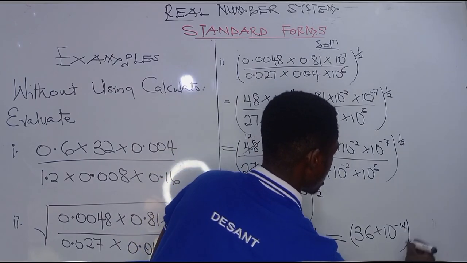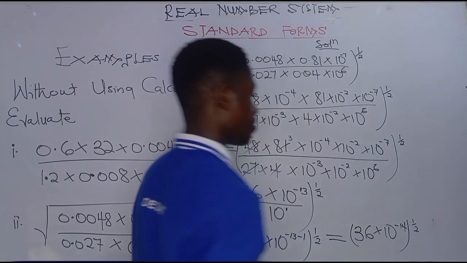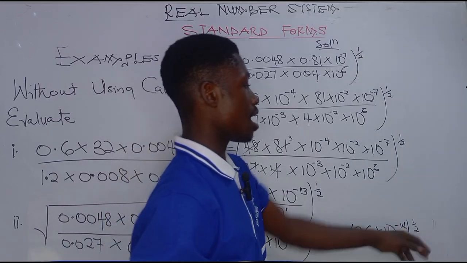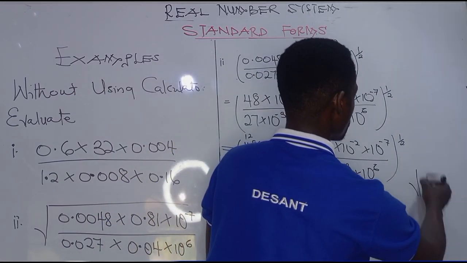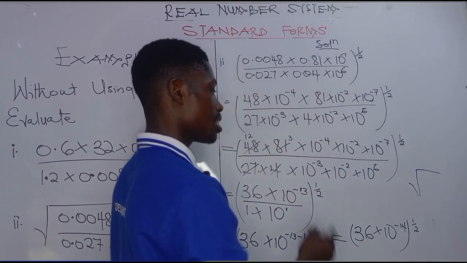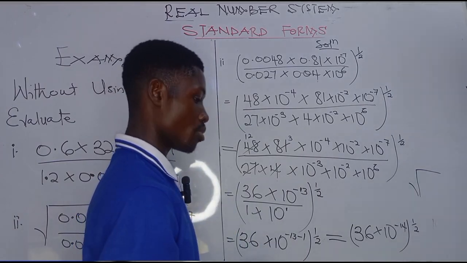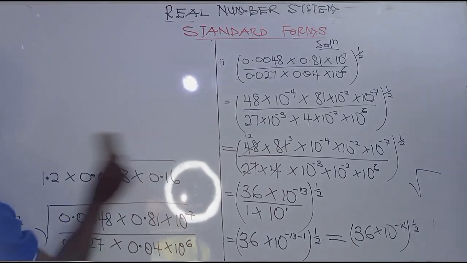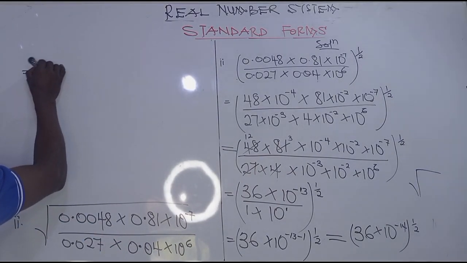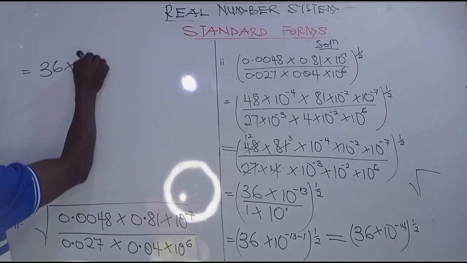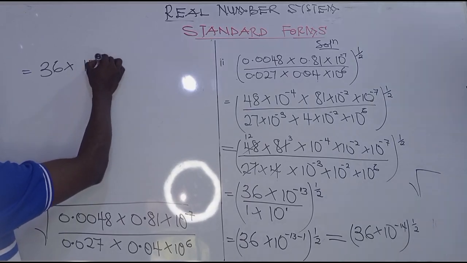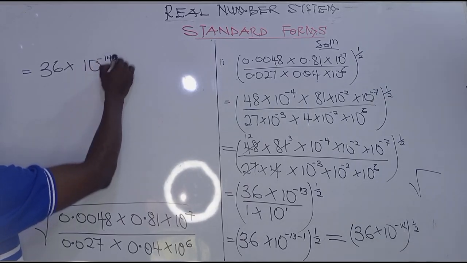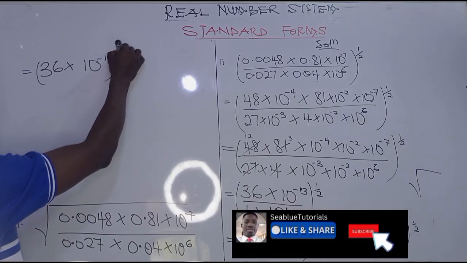Now remember, we are still having a power of half. Now remember that we said that the half is the same as the root sign. So we can bring our root sign back, if you want to. Let's continue from here. 36 times 10 raised to the power negative 14, all raised to the power half.